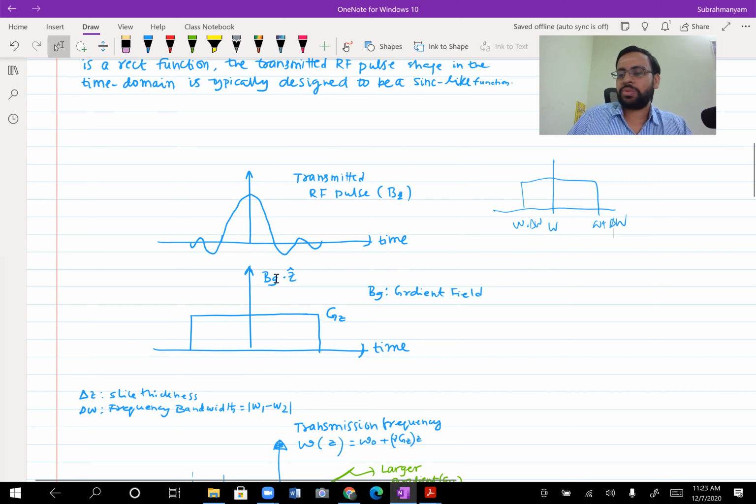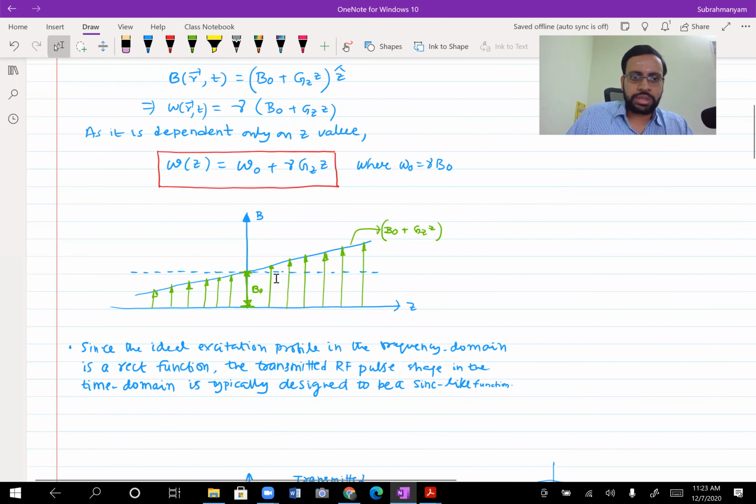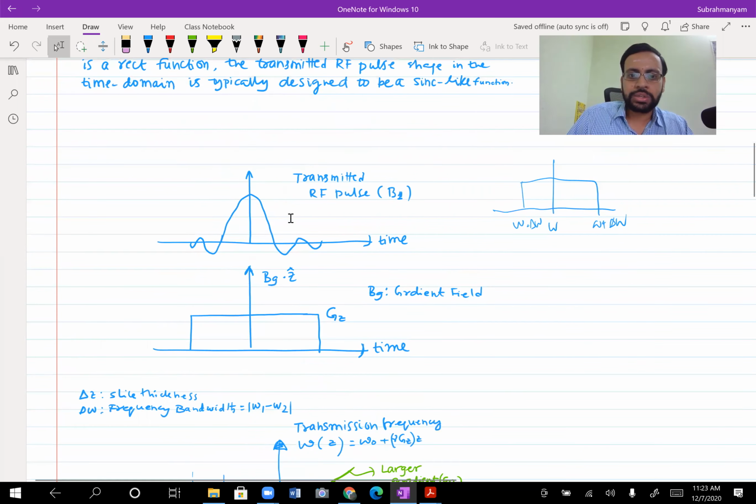Because this is a rect, if you look at it in the time domain, you would get something like this. The sinc function is what you would be getting there. And now, depending on the ZZ value, you would figure out from where you want the response. On one side, B naught is constant. I'm just showing you here the pulses for different fields.